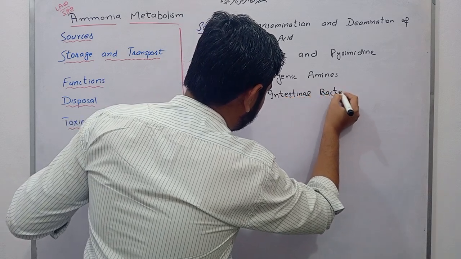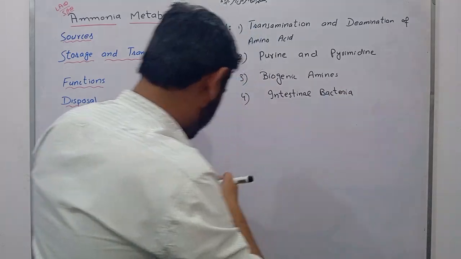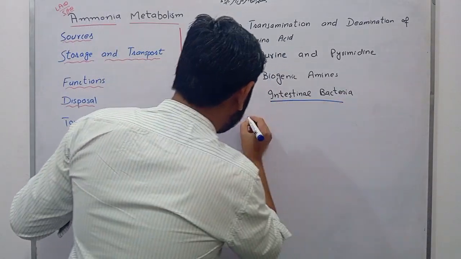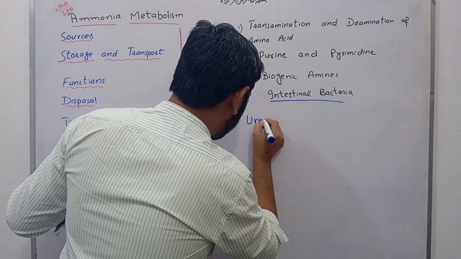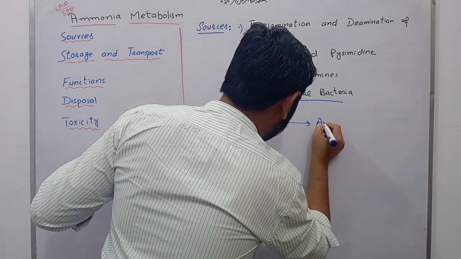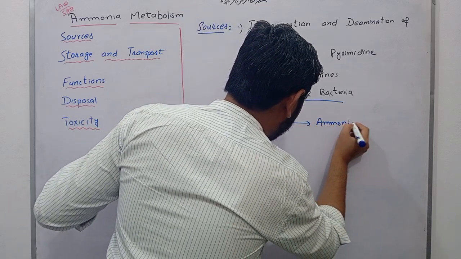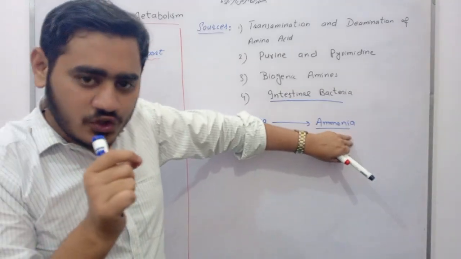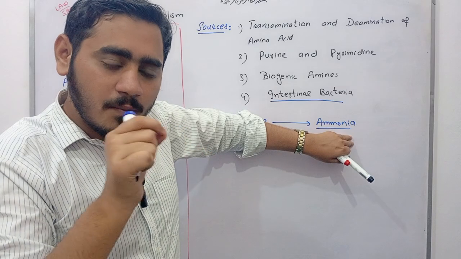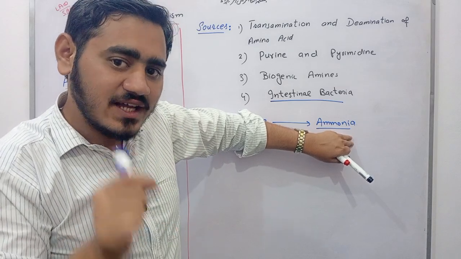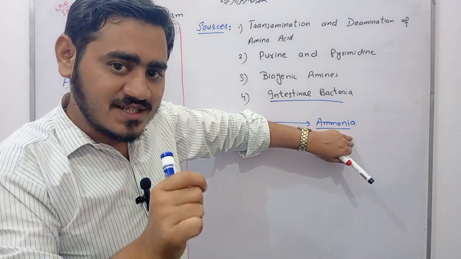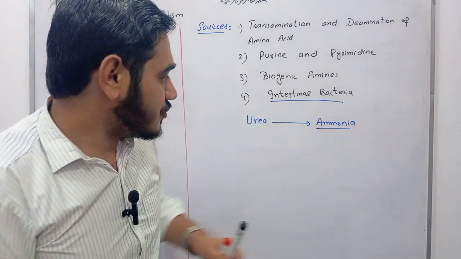This intestinal bacteria converts urea into ammonia, and this ammonia gets detoxified into urea by the process of urea cycle, and urea cycle process takes place in the liver, and we'll discuss the urea cycle in future lecture.